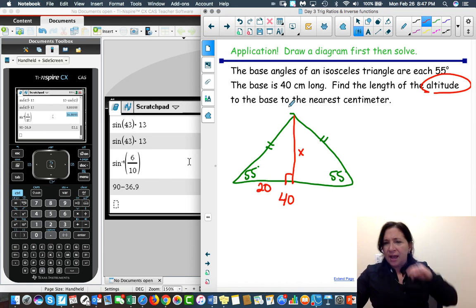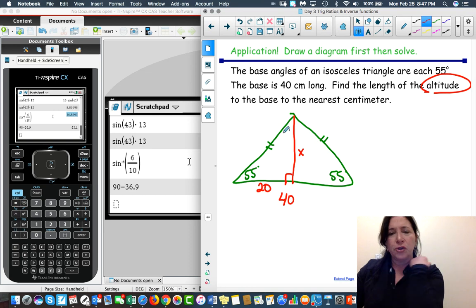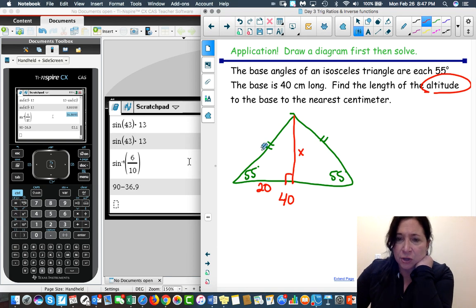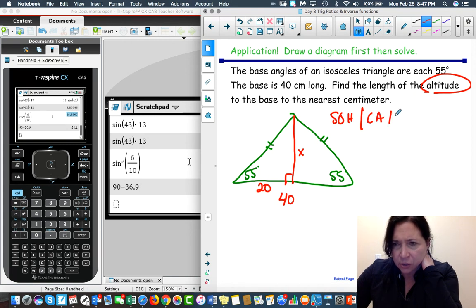So now you have to ask yourself, you don't know the hypotenuse. The hypotenuse is the side opposite the right angle. You don't know that. You don't want to find it. You don't care what that is right now anyways. And so you just want to find x. So you need to ask yourself, well, which one of my trig functions, is it sine, opposite over hypotenuse, cosine, which is adjacent over hypotenuse, or tangent, which is opposite over adjacent?